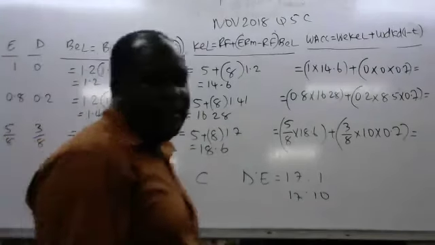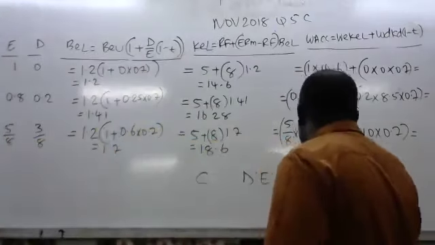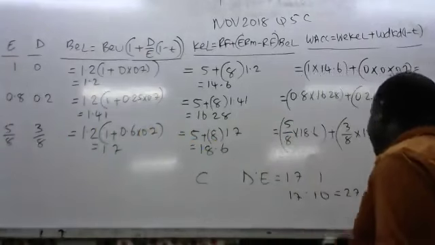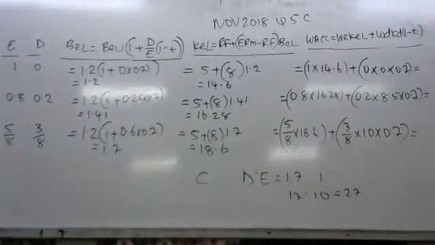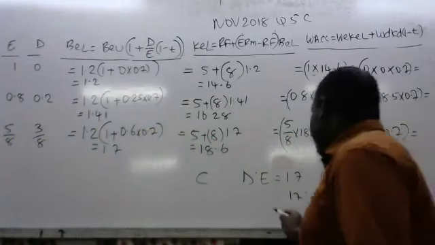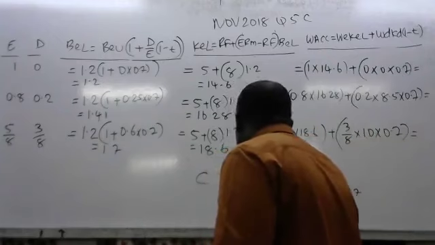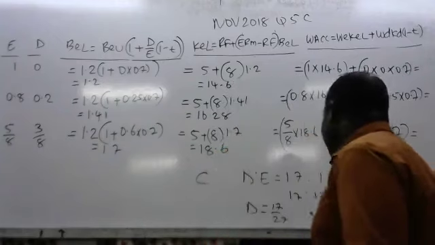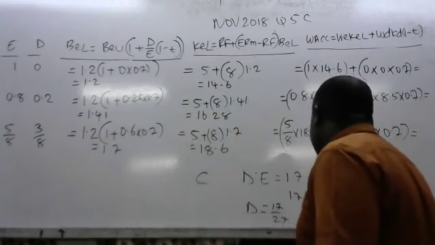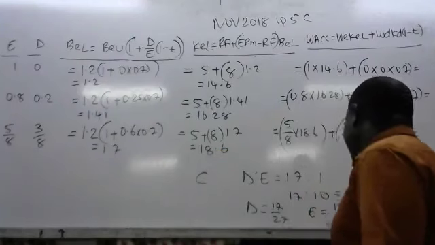So that the total will be 27. So that debt should be 17/27. Your equity should be 10/27, like that.